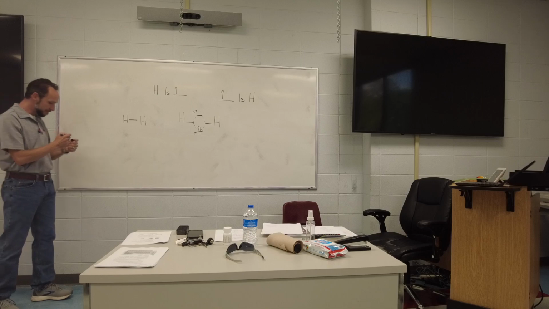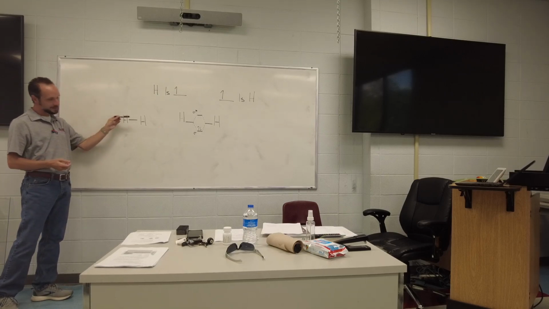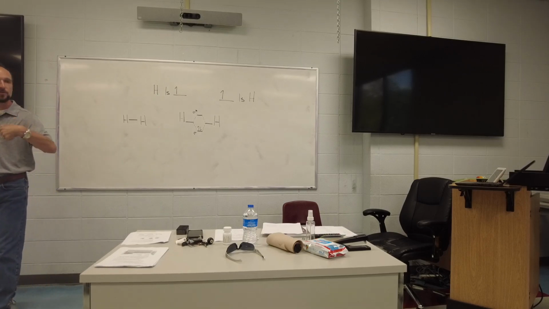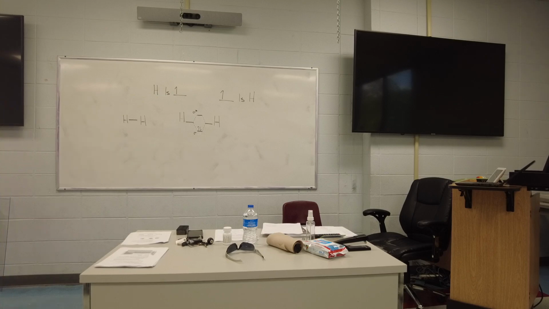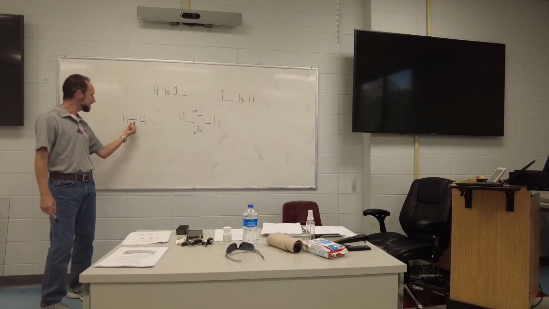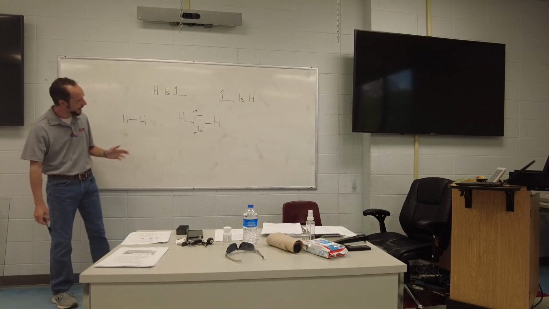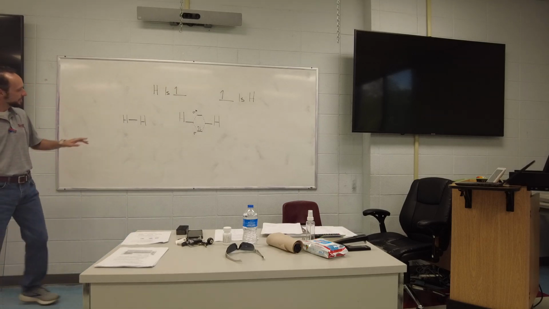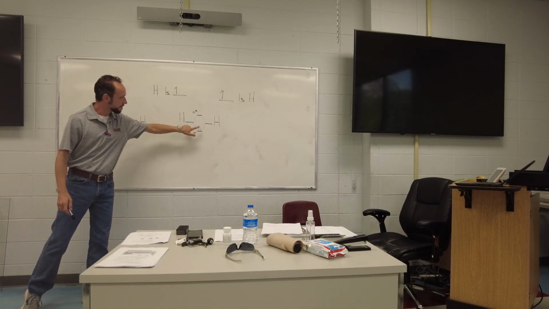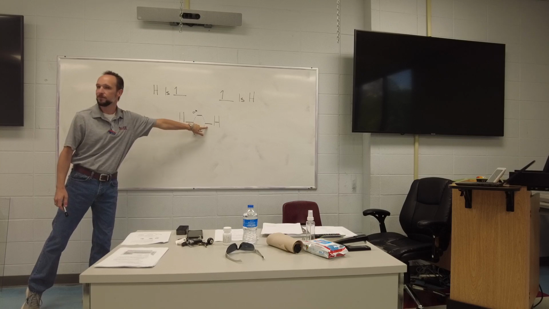Sigma bonds are on the linear axis of the molecule. They allow free rotation around each other. In other words, those atomic centers can spin, do whatever they want to, but they are bonded together by virtue of this. And this is far more energetically stable than either of the two individually.